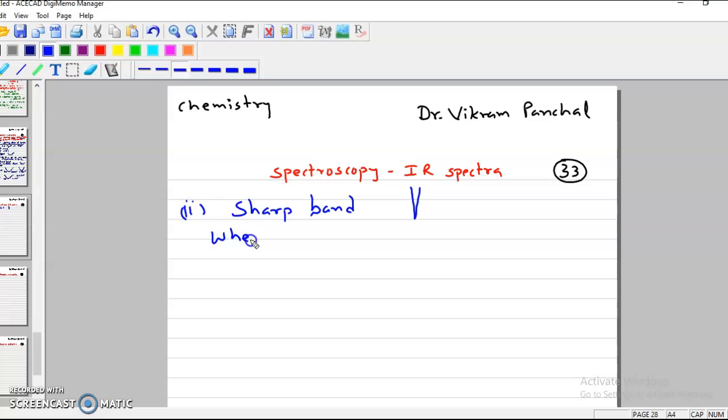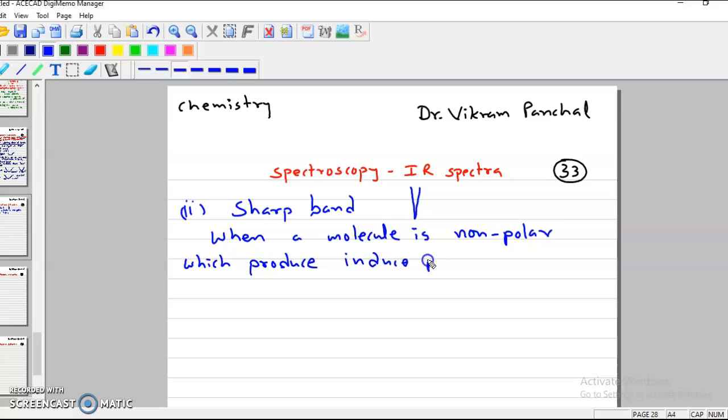When a molecule is non-polar, which produce induced polarity in presence of IR radiations.